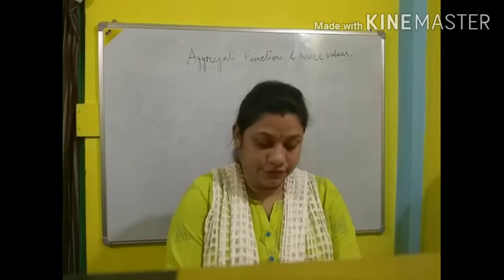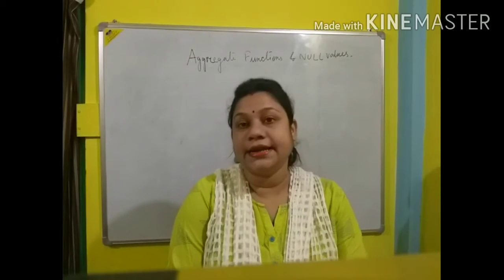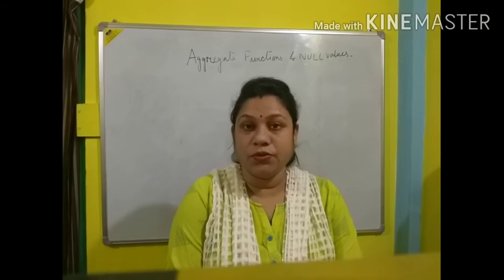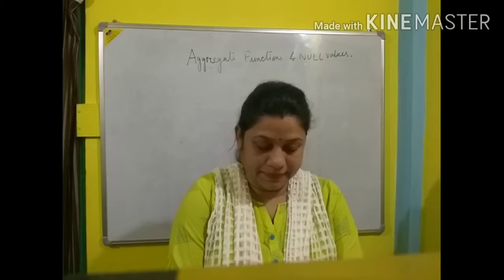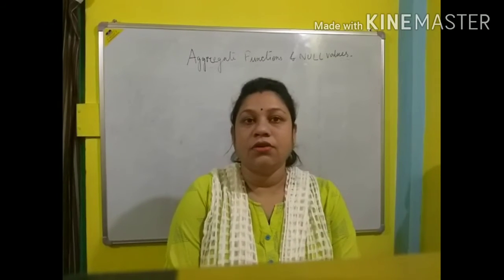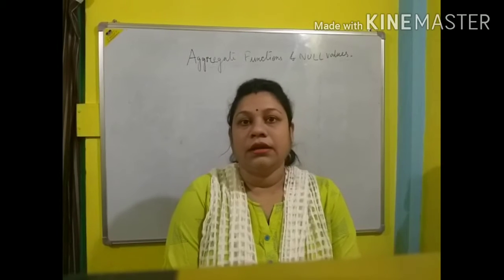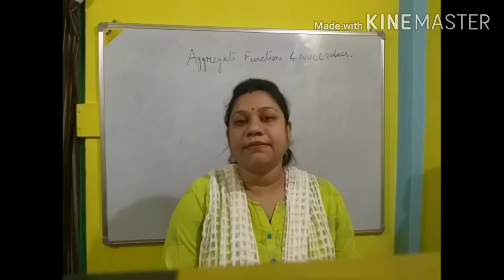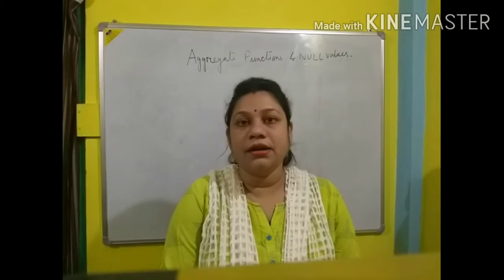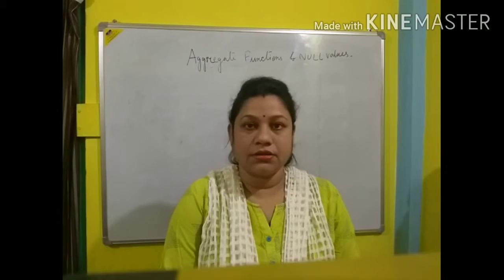The aggregate functions do not consider the null values. These are simply ignored. That means if you use an aggregate function on a table, and the table contains some null values, those values are ignored by the aggregate function.